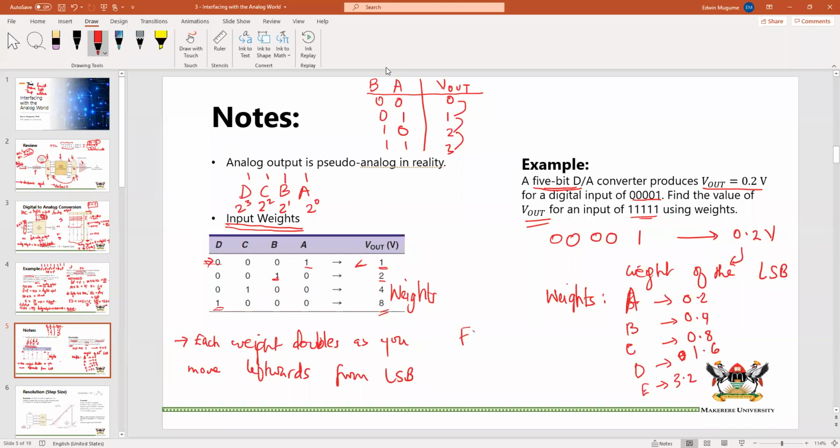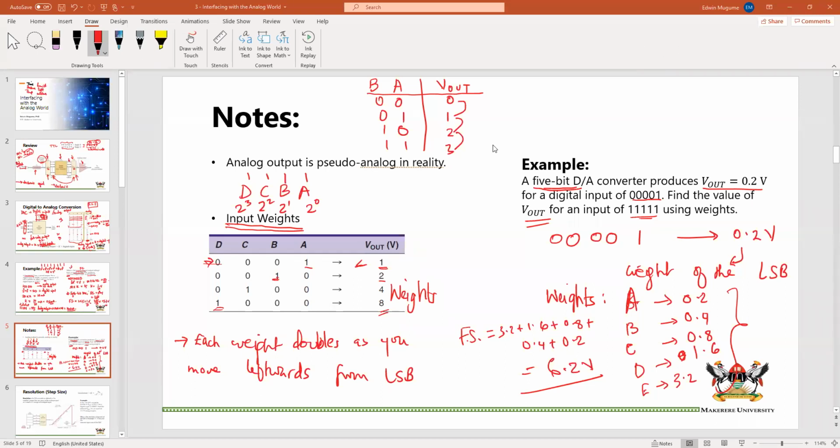And so now the full scale is the sum of these weights. So when we want to get the full scale, we sum up those weights, which is 3.2 plus 1.6 plus 0.8 plus 0.4 plus 0.2, which is equal to 6.2 volts.